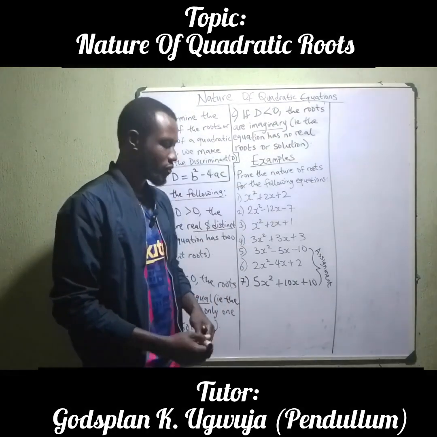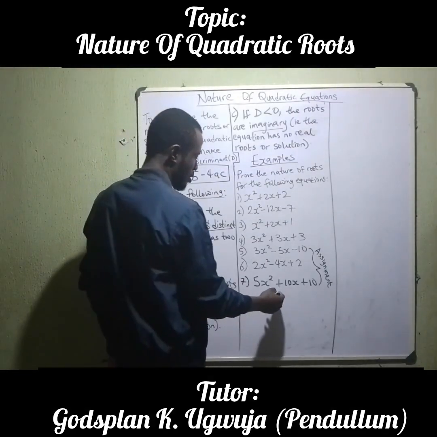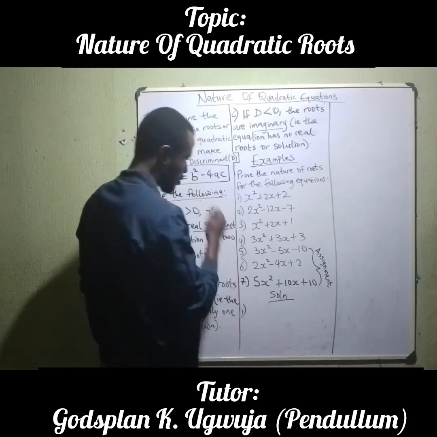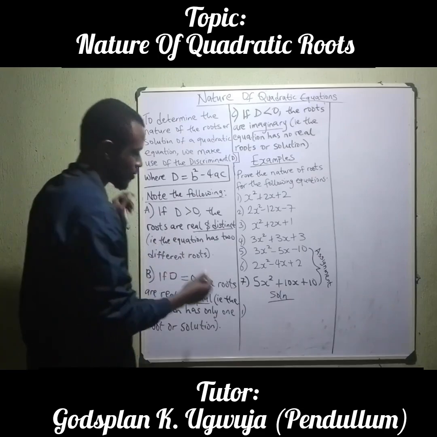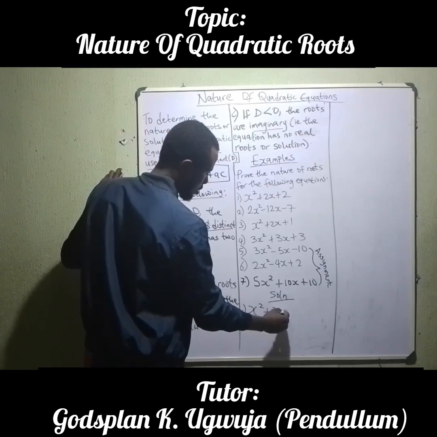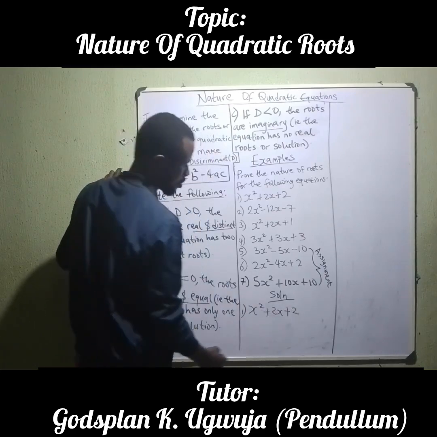Same process. Very simple. Now let us look at what to do. We have x squared plus 2x plus 2.